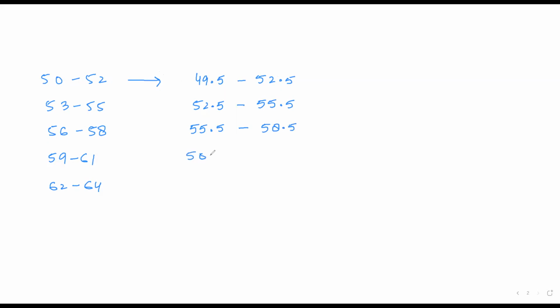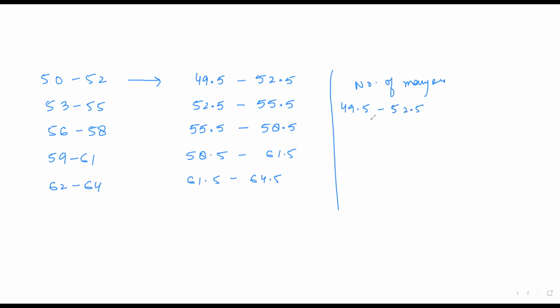This will become 58.5 to 61.5. This will become 61.5 to 64.5. Now you can see this is now a continuous data. Is that okay? Yes, ma'am. So when you make your first column, which is number of mangoes, you write 49.5 to 52.5 and like that. And the rest of the table will be the same.